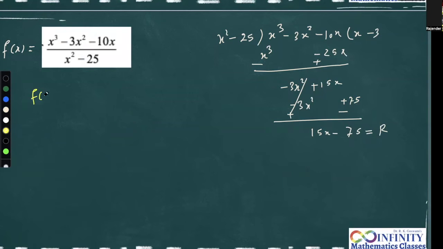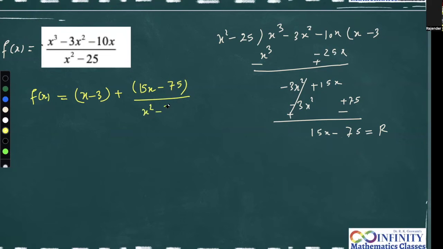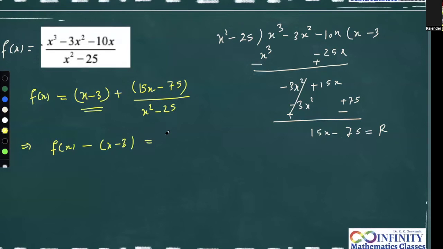So that means this function f(x) is equal to the quotient x minus 3 plus the remainder 15x minus 75 divided by x square minus 25. Do you agree? If there is no confusion, let me write it down, transferring x minus 3 to the left hand side.